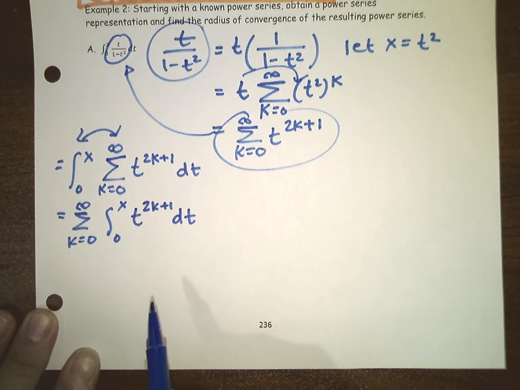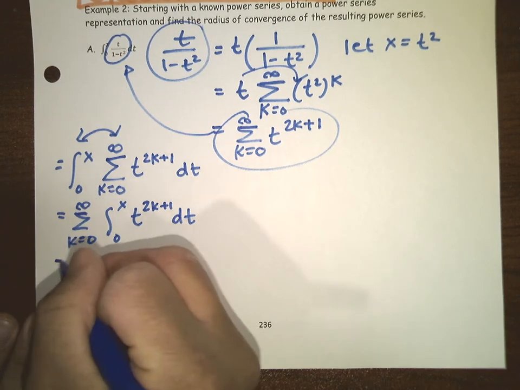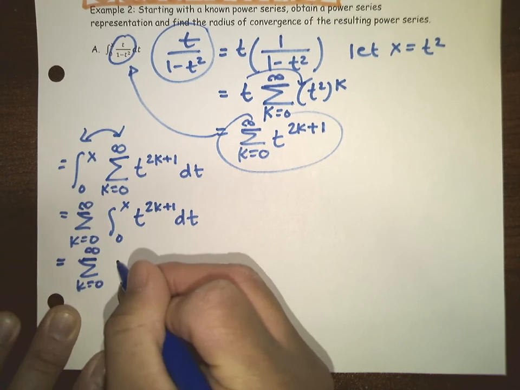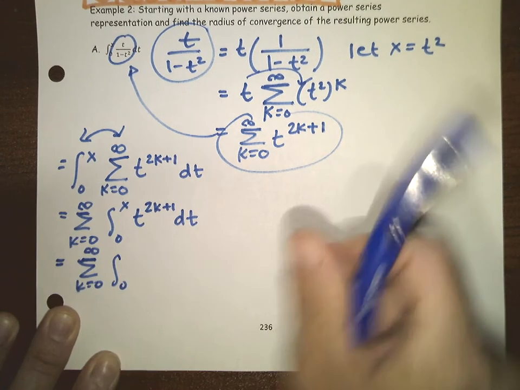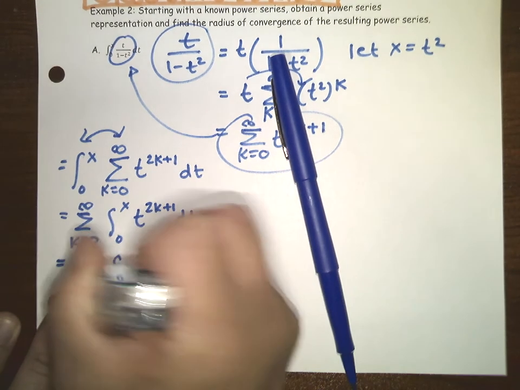Then I'll use the power rule here. So then I have the sum, k equals 0 to infinity, of the integral from 0 to x. And actually, again, I'm going to integrate here. So let's just use the power rule.